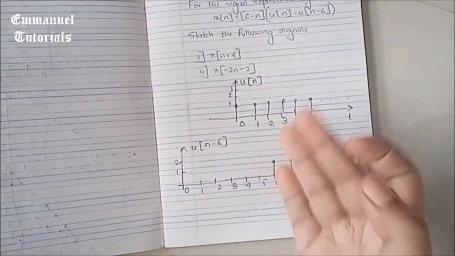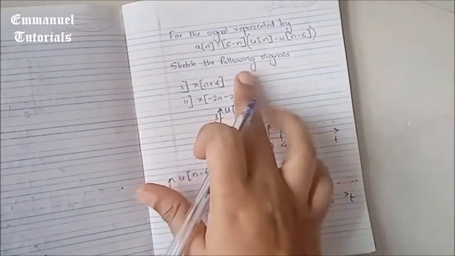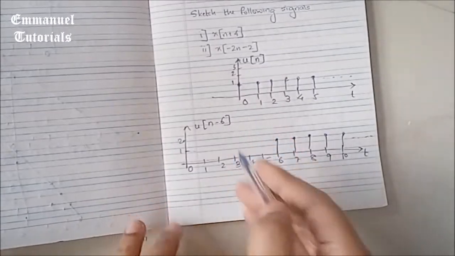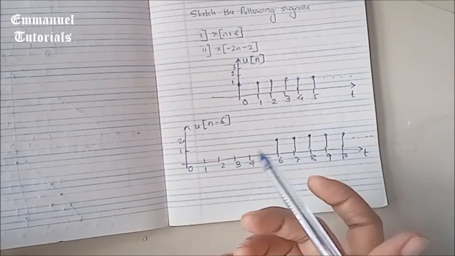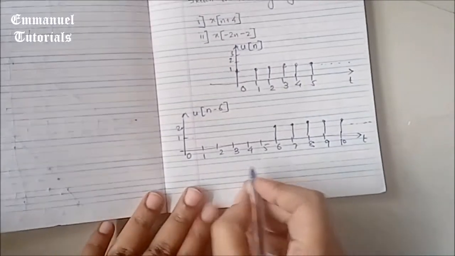Now what we have to do is subtract this signal from the original signal to get this bracket signal. What we'll do, subtract at each point, because before 0 there's no signal, so that is not going to make any difference. From 0 we have a signal, so we'll try to draw that.